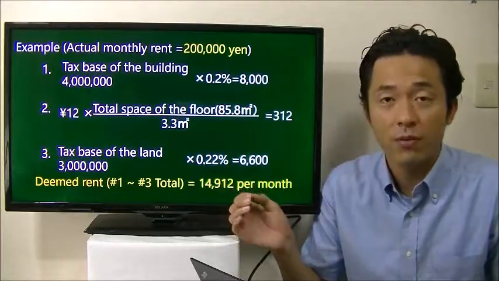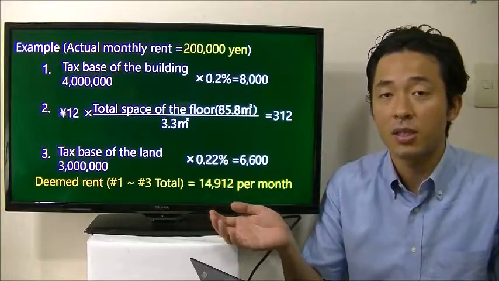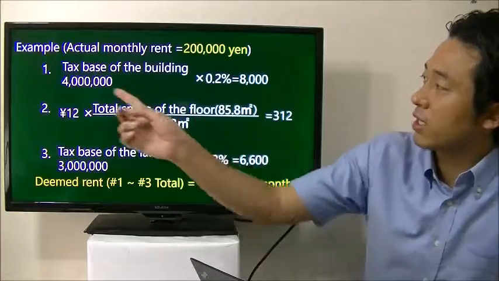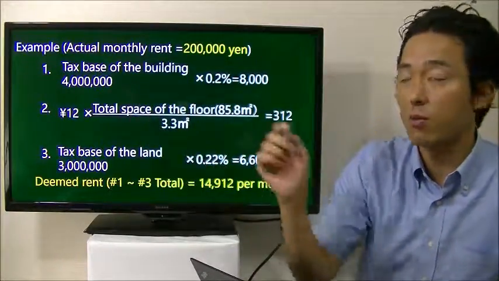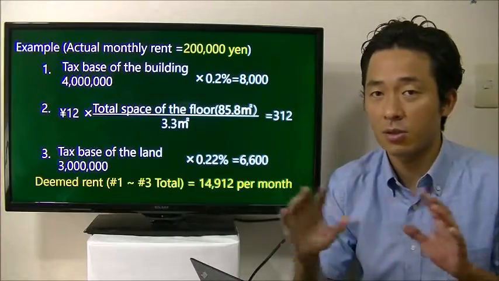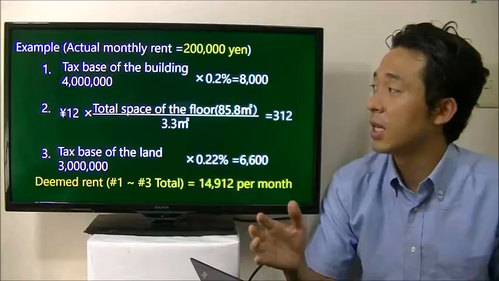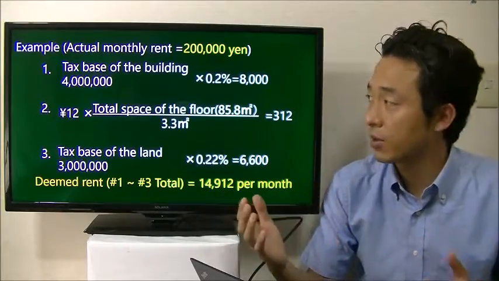For example, if your rent is 200,000 Japanese yen per month, in that case, your tax base of the buildings is, let's say, 4 million Japanese yen, which is totally different from your acquisition cost of the building. So it usually becomes way cheaper than your purchased amount.